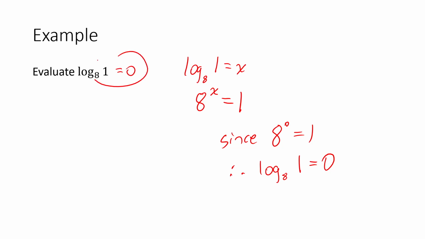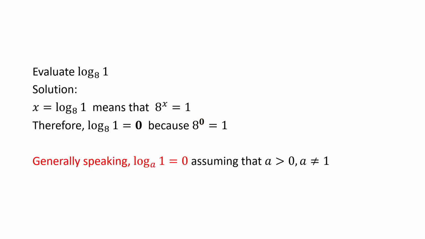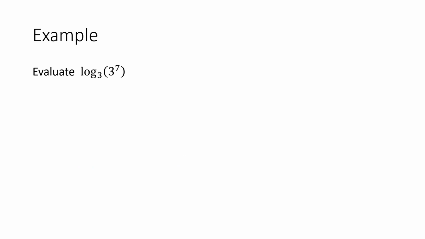Okay? And that's the thinking shown typed out on the slide. So generally speaking, the log base a of 1 is equal to 0, assuming the base of the logarithm is greater than 0 and doesn't equal 1.